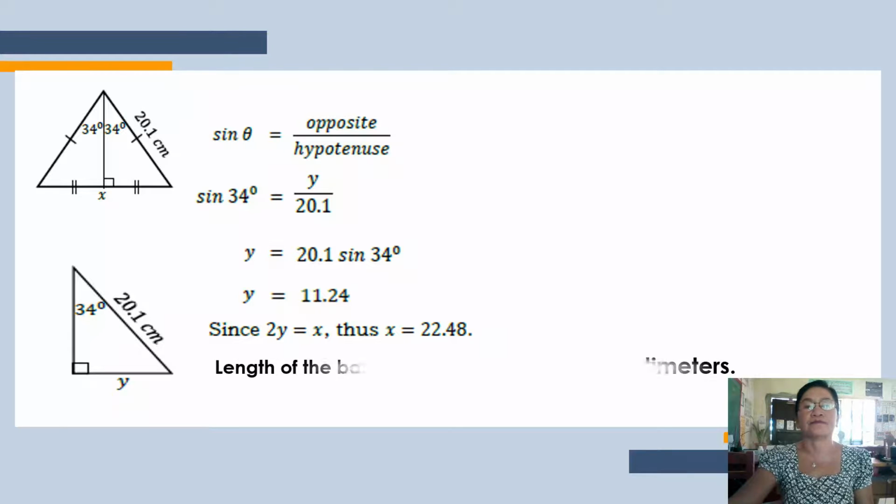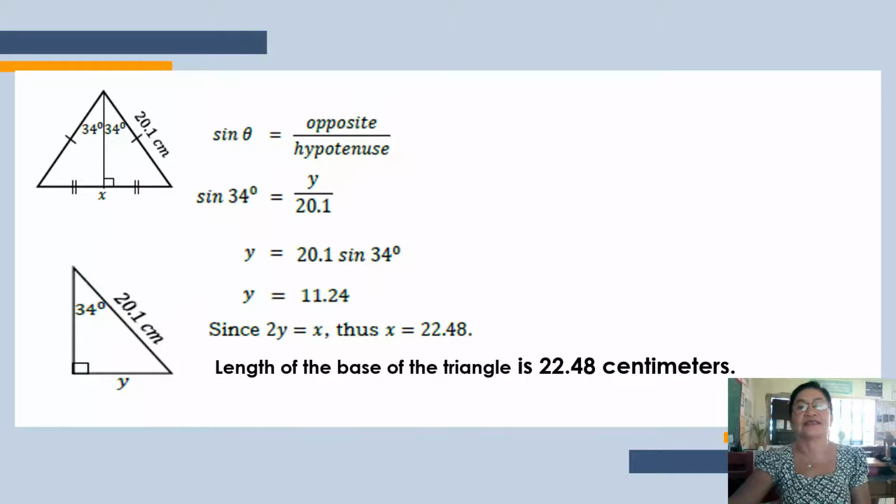So the length of the base of this isosceles triangle is 22.48 centimeters. So that is example number 2.